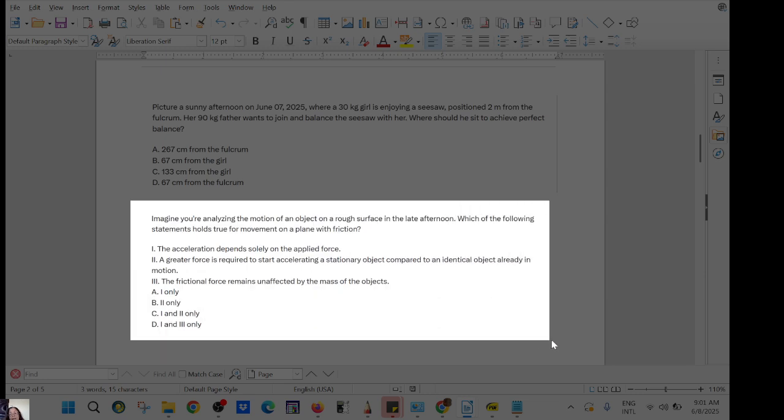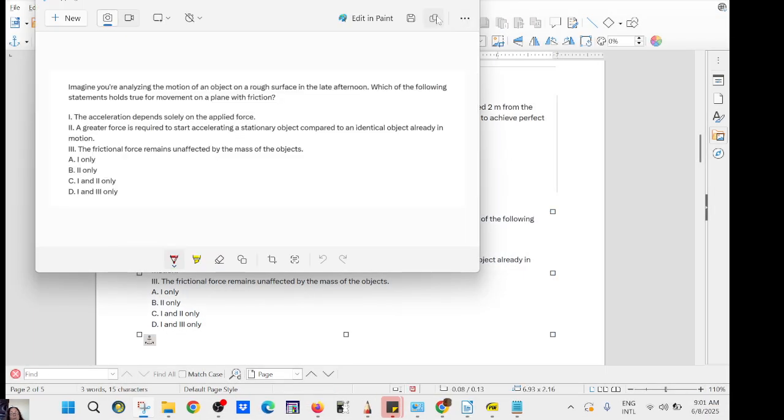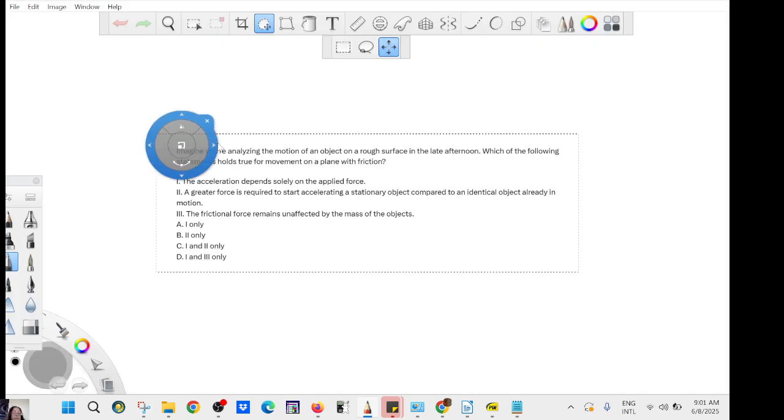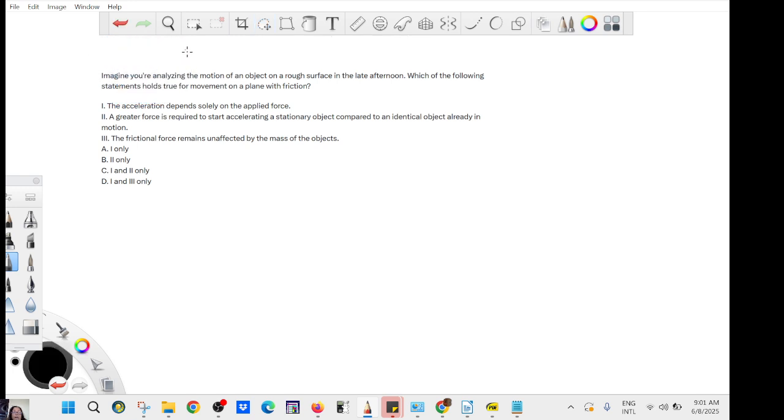So again, you should stop the video and try to do it. For movement on the plane with friction. Okay, so it's a little bit tricky. You have to be careful.